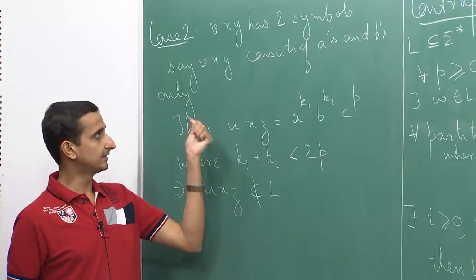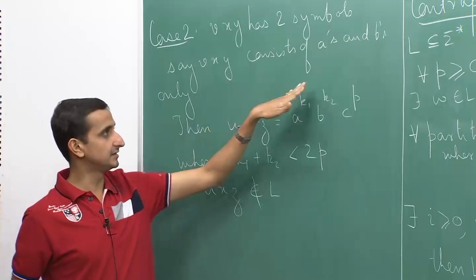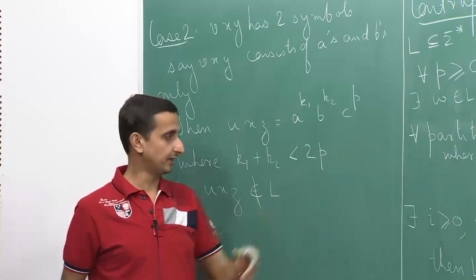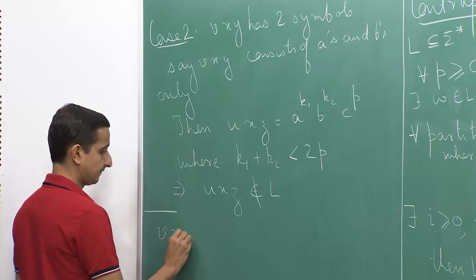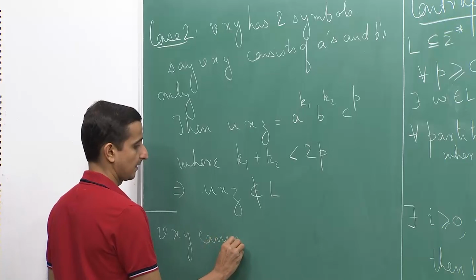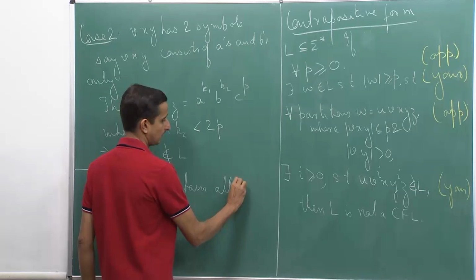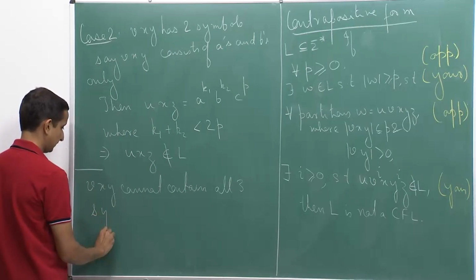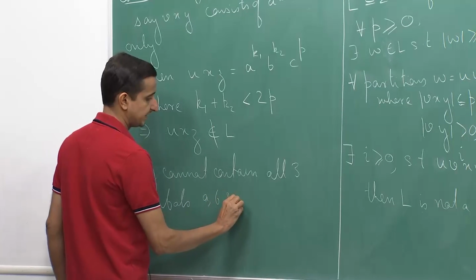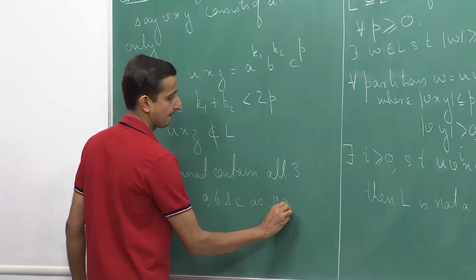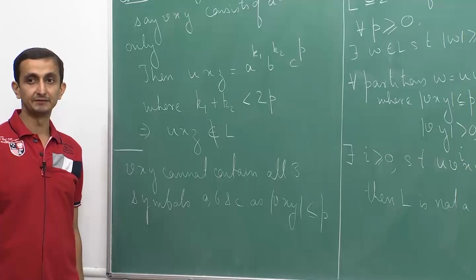Once again the same argument will work if instead of a's and b's, vxy consists of b's and c's. And the third thing is that vxy cannot contain all three symbols a, b and c, as its length is at most p.